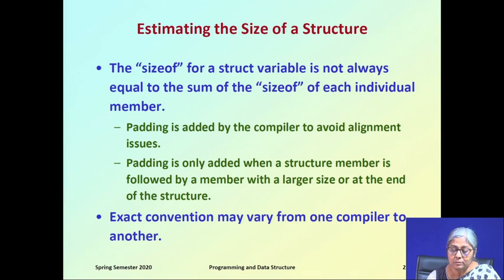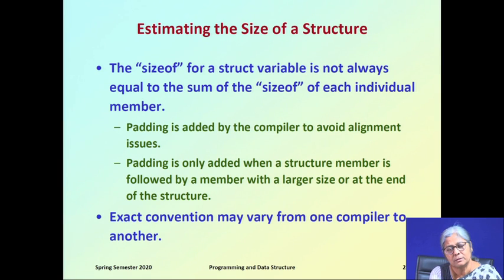So, see, it is written that the size of a struct variable is not always equal to the sum of the sizes of each individual member. It is not straight away that if it has one integer and one float, we know integer is 4 bytes and float is 4 bytes, then it is 8 bytes.